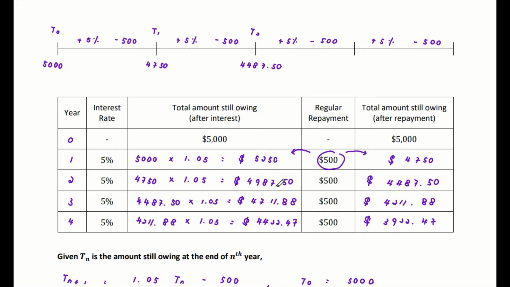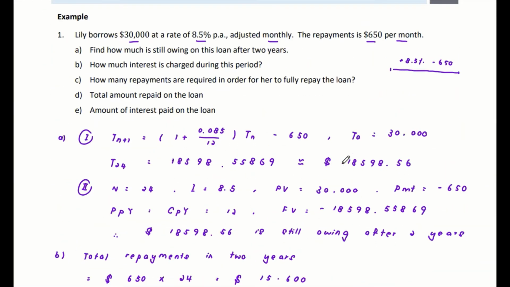So the same thing happened here. You can see that from 4750 to 4987, you have 237.50. So you also have this 200-something of value that you are paying from this 500 to pay for your interest. Then the rest of the money pays for your loan. So it's the same idea in this case here.